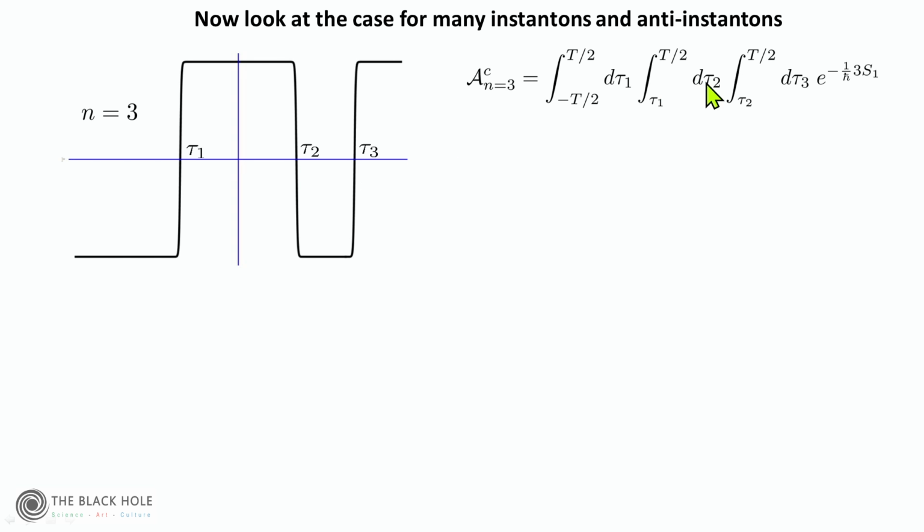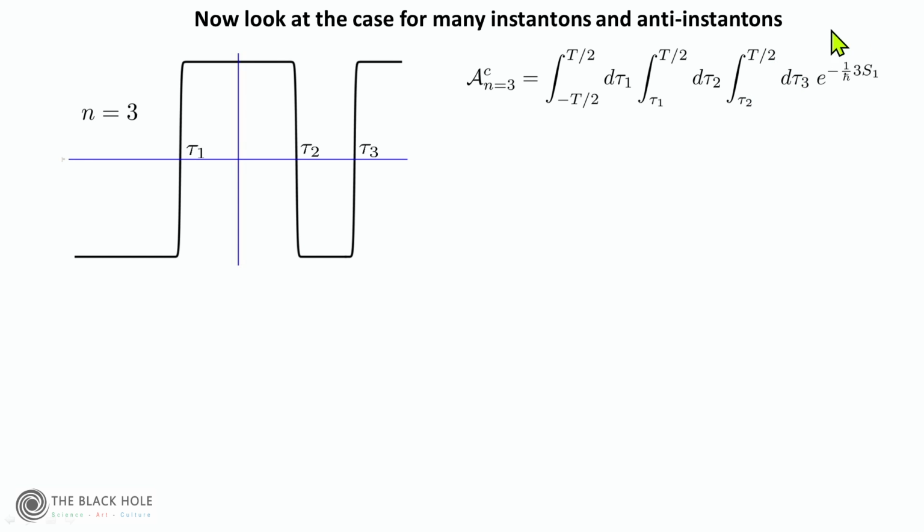On the other hand, tau 2 has to come after tau 1. In other words, tau 2 has to be bigger than tau 1. So this integral must go from tau 1 to t over 2. The one from the integral over tau 3 has to go from tau 2 to tau 3.